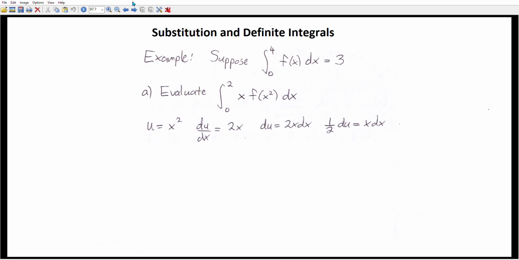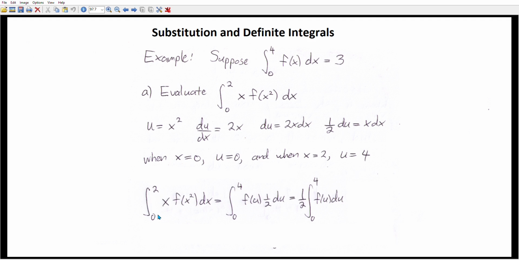Now, we're going to transform the limits. When x is 0, u is also 0. And when x is 2, u is 2 squared, or 4, which means the integral from 0 to 2 of x f of x squared dx becomes the integral from 0 to 4 of f of u times 1/2 du.